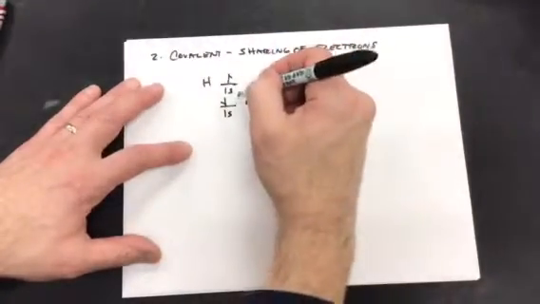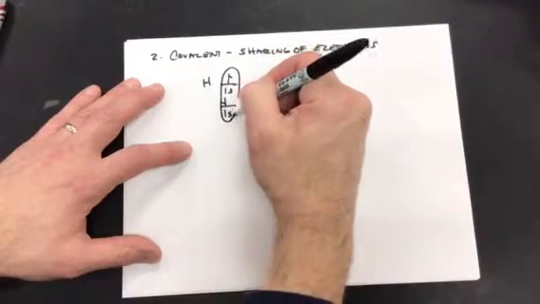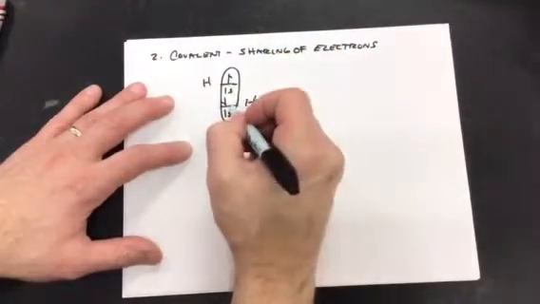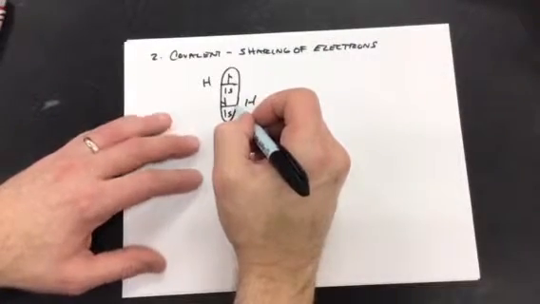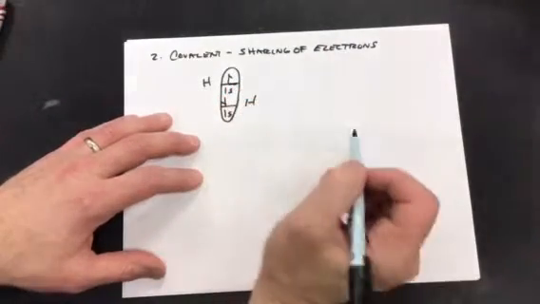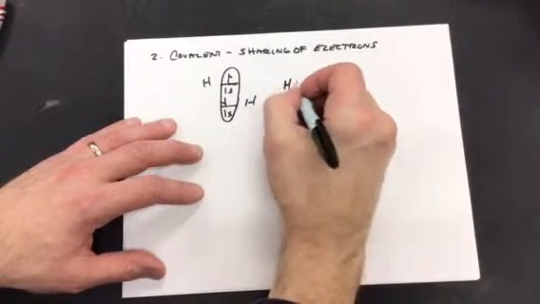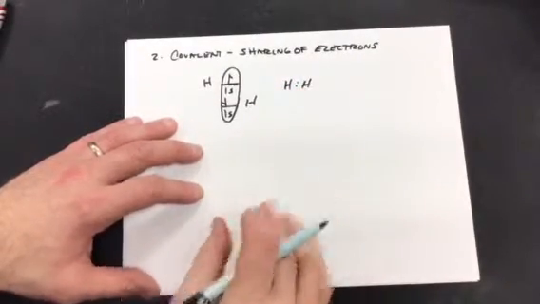In a covalent model, we model that as a sharing opportunity, where the two outermost portions of the electron orbitals, the 1s's, will overlap to form a bonding pair between the two. And so that becomes a literal sharing between the two atoms.